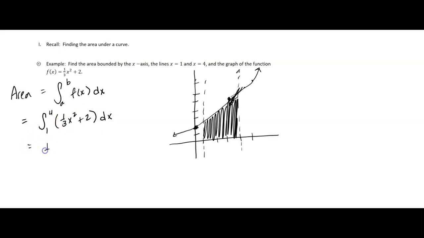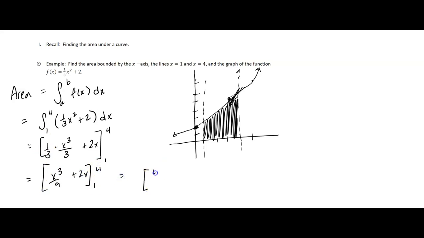I would integrate, and I'd have 1/3 times x cubed over 3 plus 2 times x, from 1 to 4, or x cubed over 9 plus 2x from 1 to 4. We'll plug in the 4 and have 4 cubed over 9 plus 2 times 4, and subtract 1 cubed over 9 plus 2 times 1.